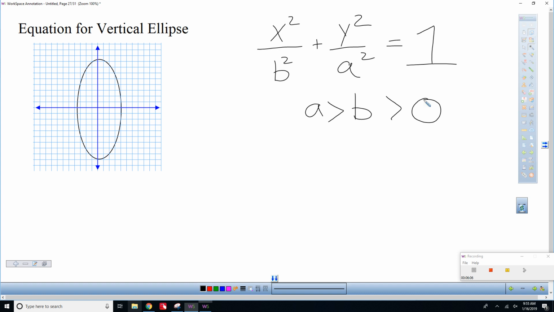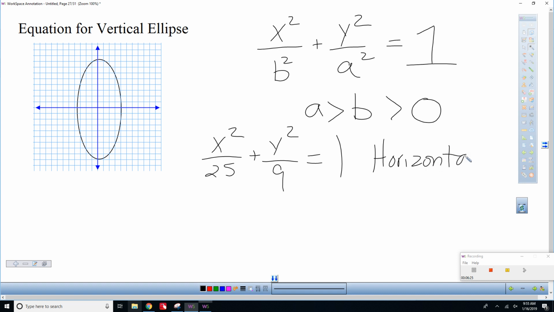So how do they differ? Well, this is basically what you're learning. That's going to be horizontal, because that one's bigger. What's going on here?